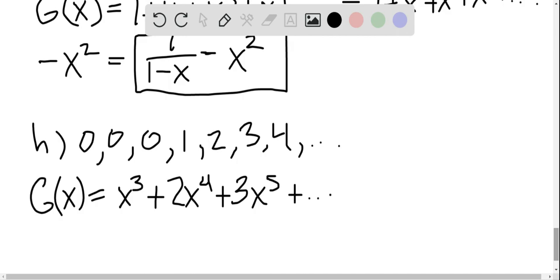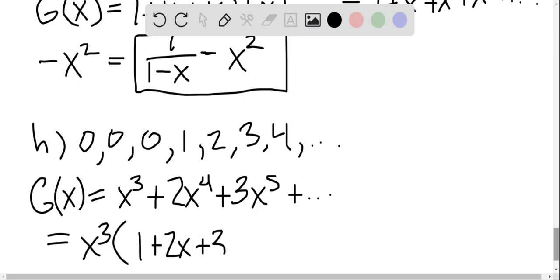And if we factor out x cubed, this is equal to x cubed times 1 plus 2x plus 3x squared, and so on.